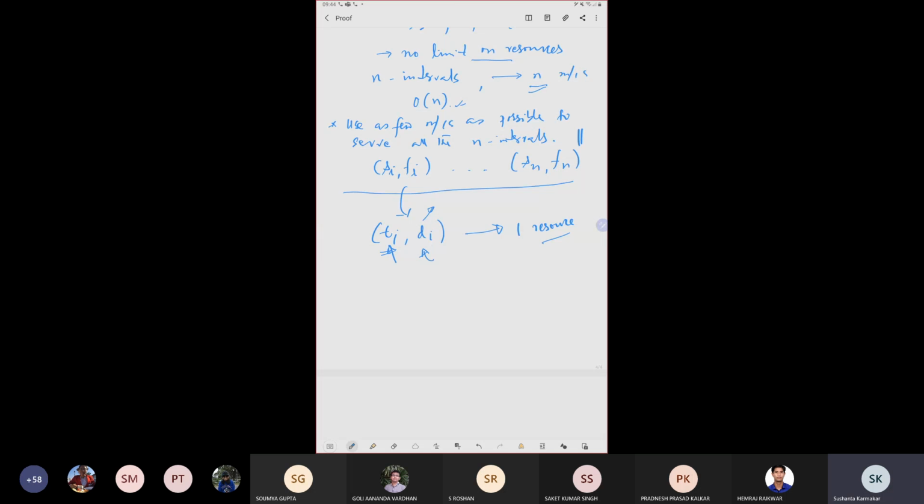It's like this. Suppose I just don't care about the DIs. I care for the TI. So I will try to schedule one after another: T1 duration, and then T2, then T3 up to Tn.